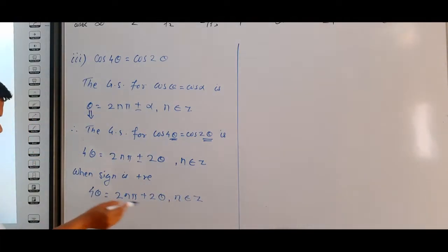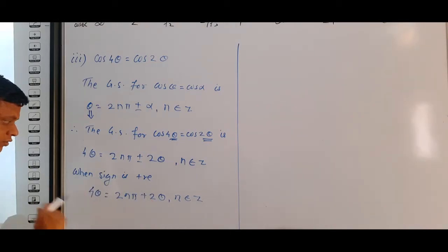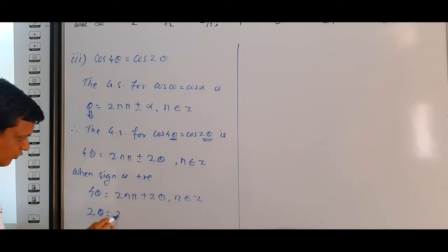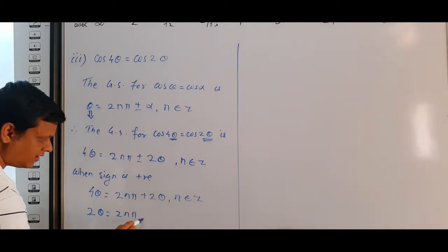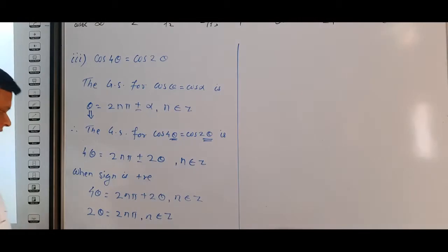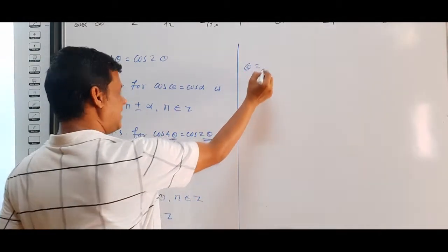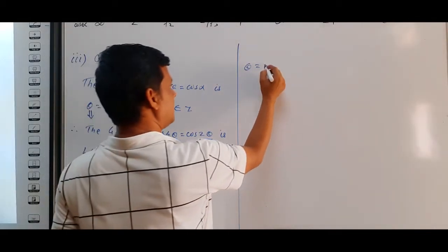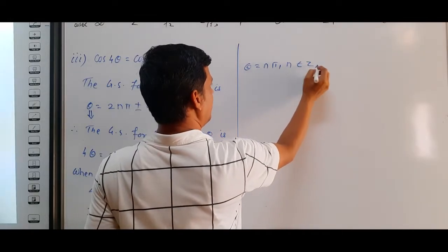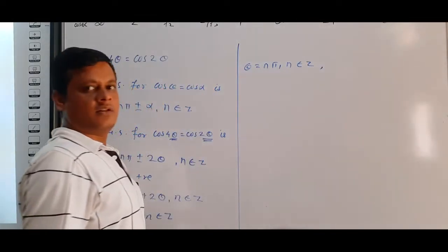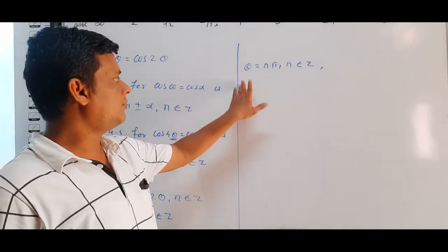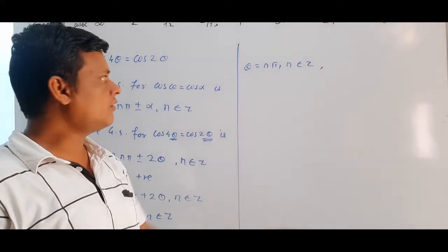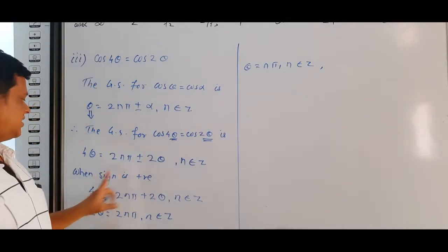After transferring 2 theta to the left hand side, we get 4 theta minus 2 theta, that is 2 theta, equals twice n pi, n belongs to z. After dividing by 2 on both sides, we get theta equals n pi, n belongs to z. This is possible when the sign is positive. Now we have to find when the sign is negative.